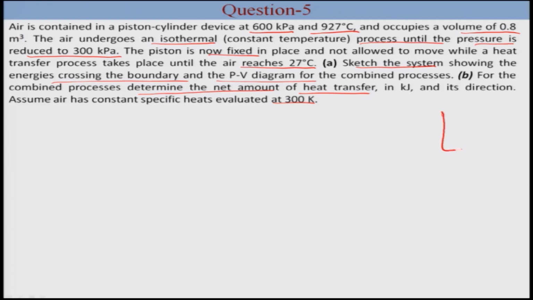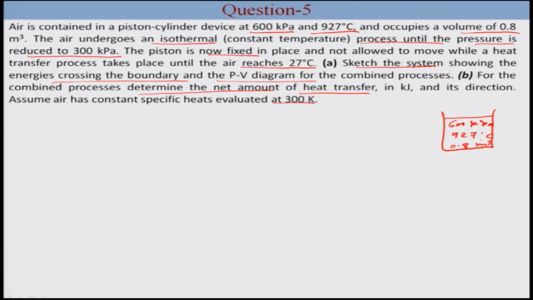So initially air is contained in a piston cylinder device at 600 kilopascal. Temperature is 927 degrees centigrade and volume is 0.8 meter cube.